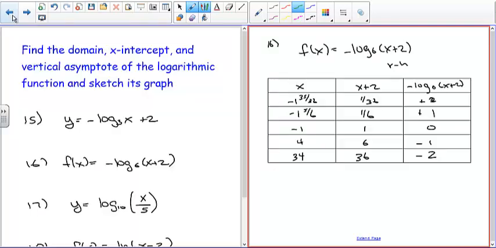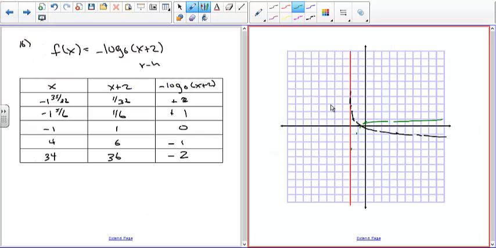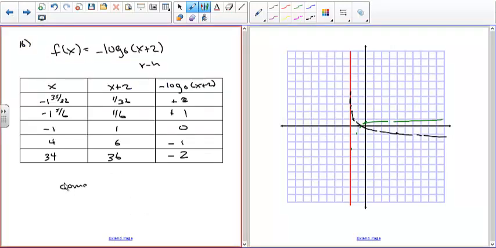So to answer the questions again, the domain. From the graph, we can say the domain is x has to be greater than -2.